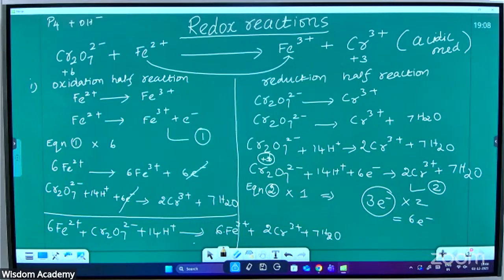Another one: N2H4 plus ClO3 minus gives NO plus Cl minus.